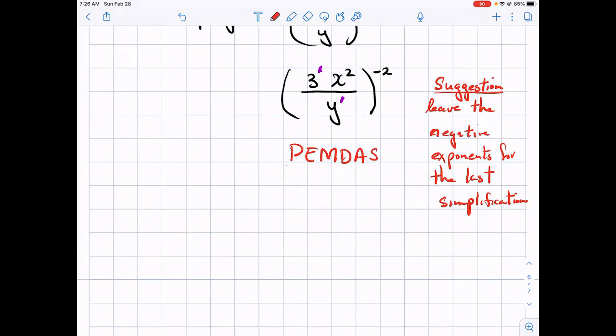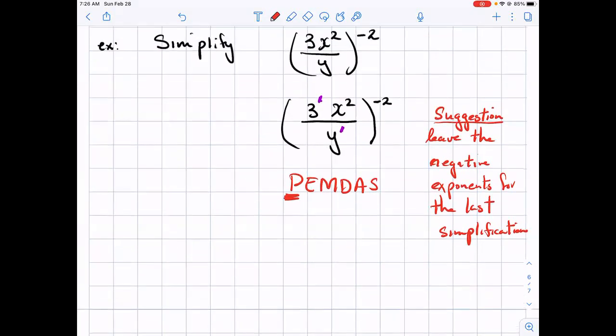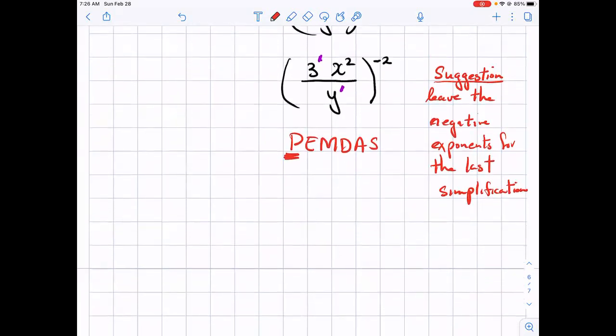Now P means inside of the parentheses. So is there anything to simplify inside? There is no like bases, so I don't have to worry about any like bases on the inside. Now I can distribute.